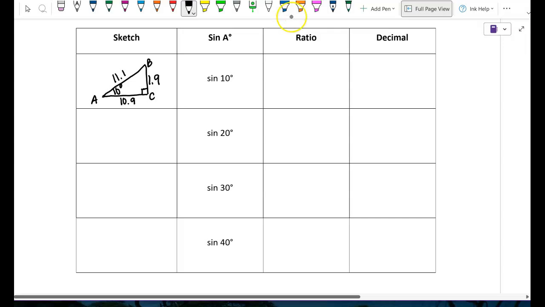So remember the sine ratio, the sine of angle A, I'm going to write it at the top just so we remember, is opposite over hypotenuse. And I am abbreviating both of those. So I need the side opposite the 10 degrees divided by the hypotenuse. So which of my measures here on my triangle is going to represent the side opposite the reference angle? Which measure is opposite of my reference angle of 10 degrees?